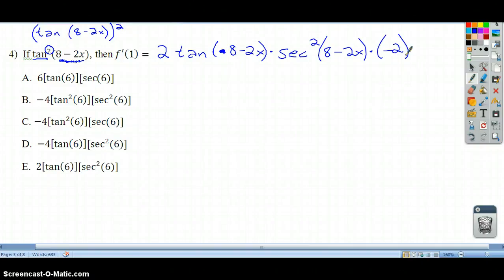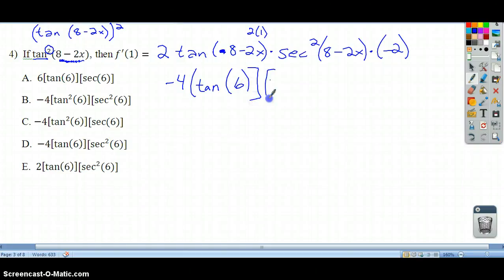Okay? So it looks like we are going to have negative 4. And if we also substitute 1 at the same time, tangent of 8 minus 1, 2 times 1 is 2. So that's where the answers are having 6 come into the picture.